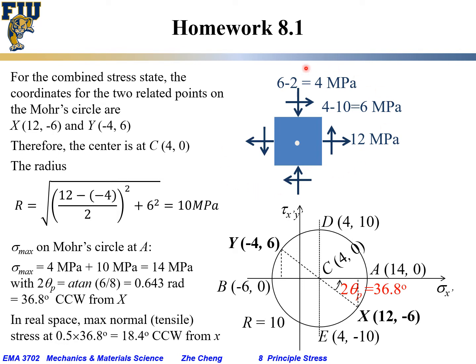Okay, so this is our combined stress state. If we're going to use the Mohr circle method, based on this, we would have the coordinates for two related points.